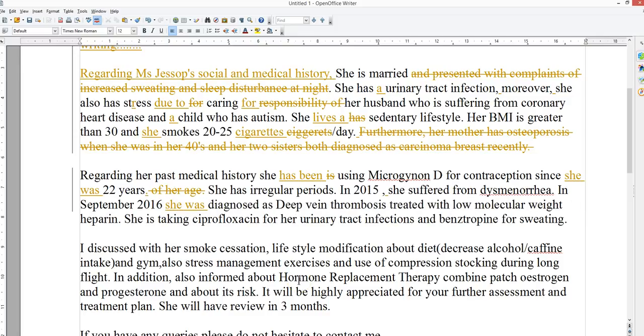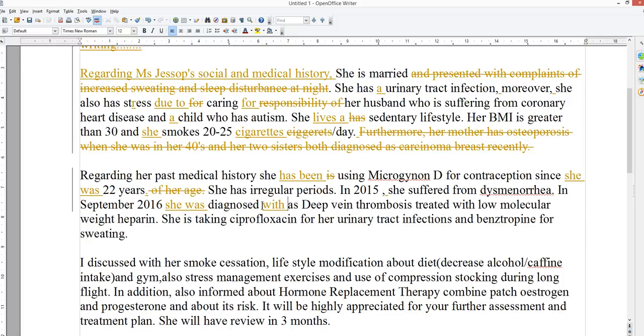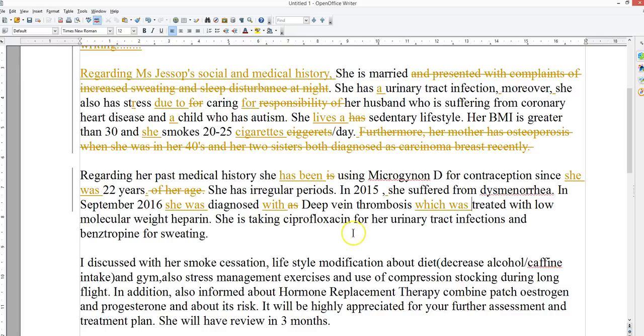She was diagnosed with deep vein thrombosis. So you've got to watch your grammar with deep vein thrombosis. Which relative pronoun? Which was treated. So you need to watch your grammar. There's some errors there. Use your relative pronoun. She was diagnosed with.